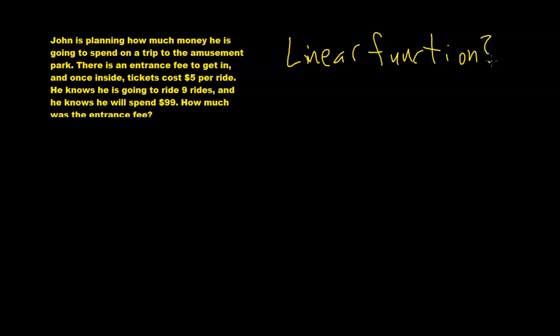We can model it as f of x equals mx plus b. F of x stands for his cost, x stands for the number of rides, and m is the rate of change, or the slope of the line that we're going to use to graph.